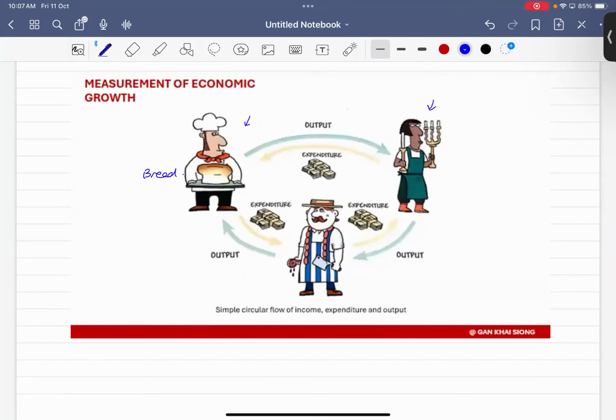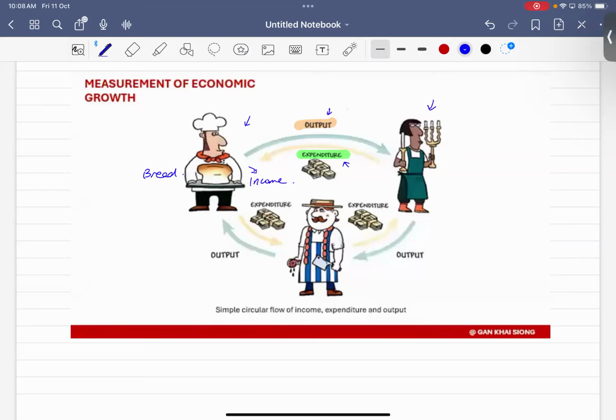The baker will sell the output to the lady, and the lady will pay cash, the expenditure, to the baker. So the expenditure of this lady will be the income for this baker.